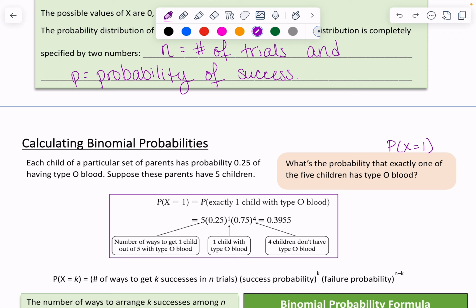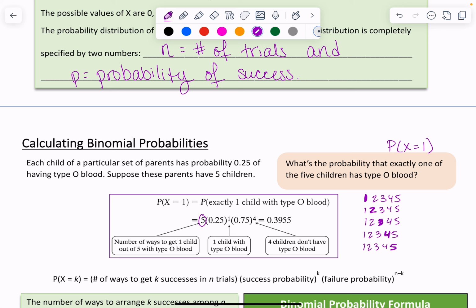Now this 5 here is for how many ways to get 1 kid with type O. So it could be the first kid, right? The oldest kid has type O. It could be the second born kid has type O. It could be the middle kid has type O. It could be the 4th kid, or it could be the youngest.